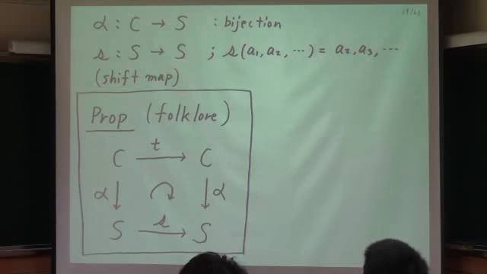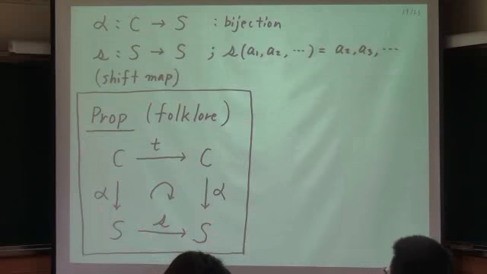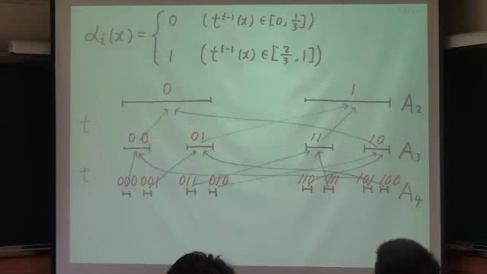Then it is known that the action of T on the Cantor set is conjugate to the action of S as a shift map. So this is a commutative diagram, and this direction is alpha. You can see, by this construction, for example, x is here, then Tx is here.